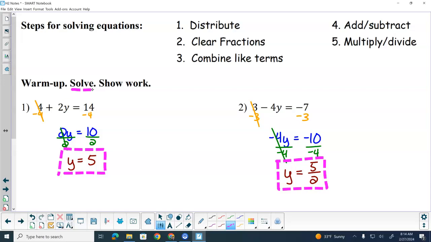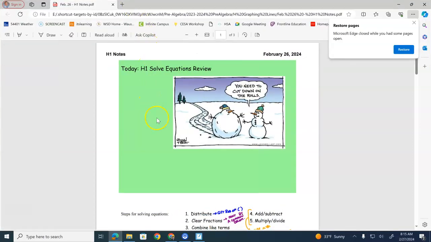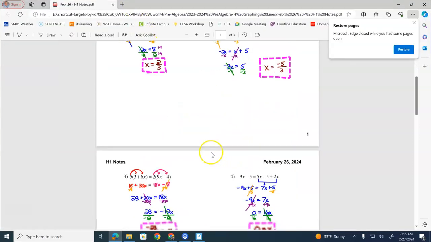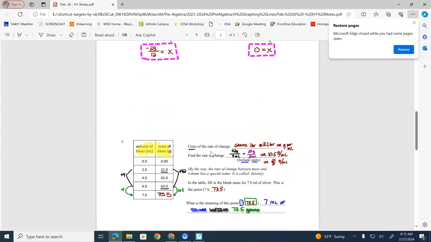I said it yesterday. On all of these from yesterday, what do all of those have in common?